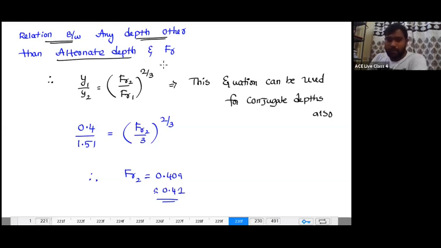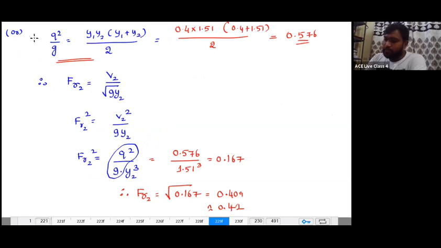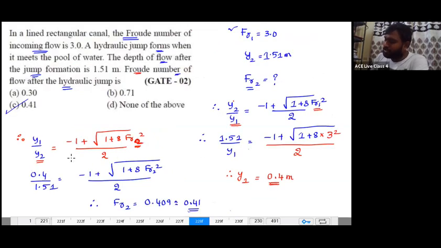So either you can go with this equation, or this equation, or this one. I don't remember too many formulas; I know one formula and I'm crisscrossing. If I want Fr2, this is the equation. Do I know Y1? No, but I know Fr1.